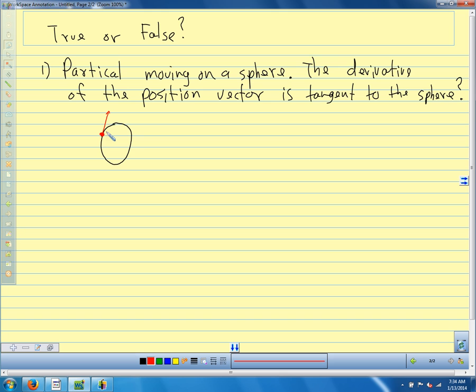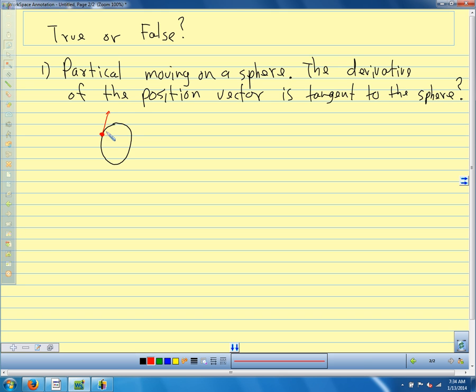So think about a particle on the sphere. If its derivative vector is not tangent to the sphere, it's going to have a component either towards the sphere or away from the sphere, right? And if the derivative has a component towards the sphere or away from the sphere, what's that going to do to the particle?